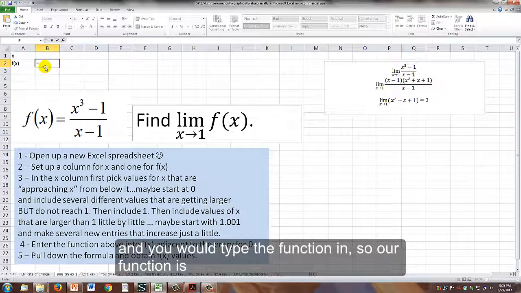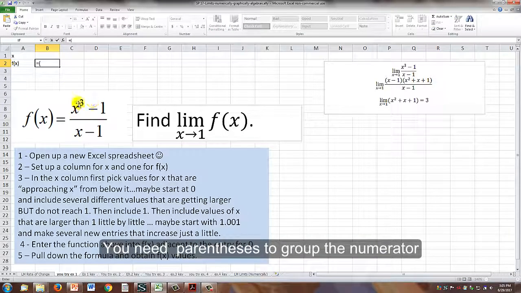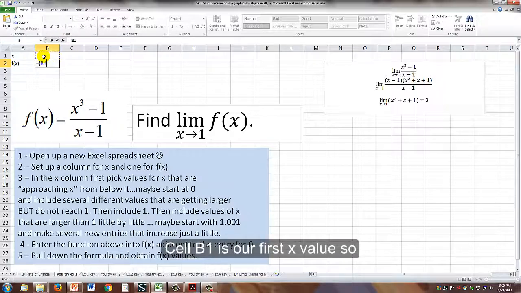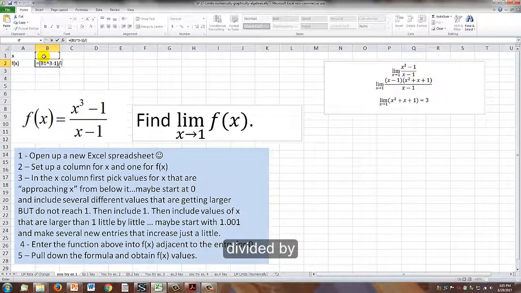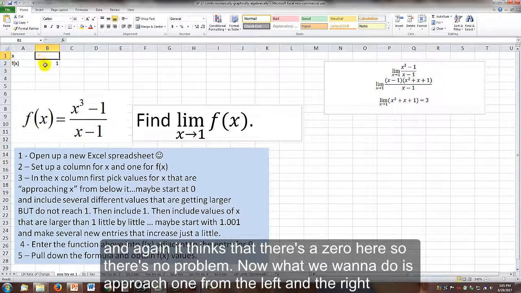So our function is, you need parentheses to group the numerator. Cell B1 is our first x value, so (x cubed minus 1) close parentheses divided by x minus 1. And again, it thinks that there's a 0 here, so there's no problem.